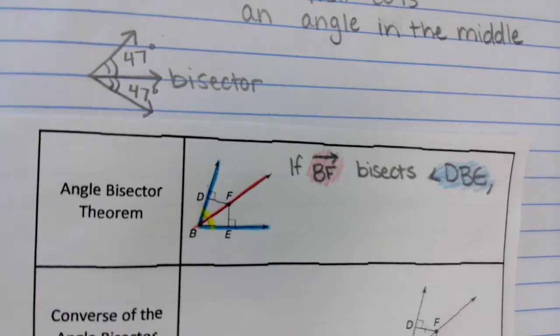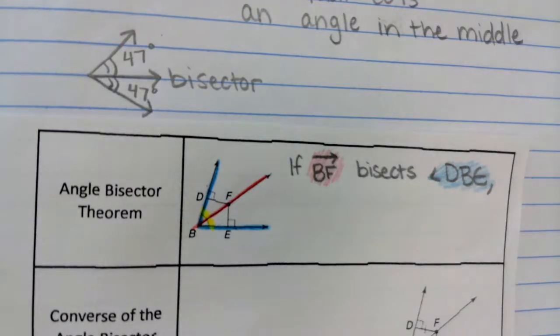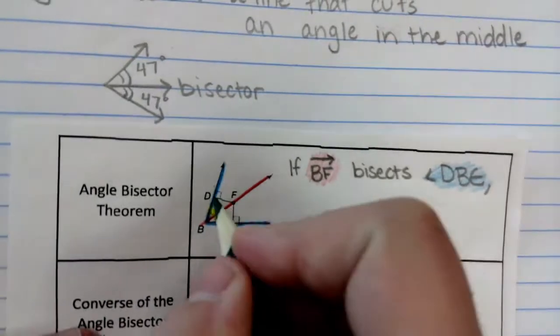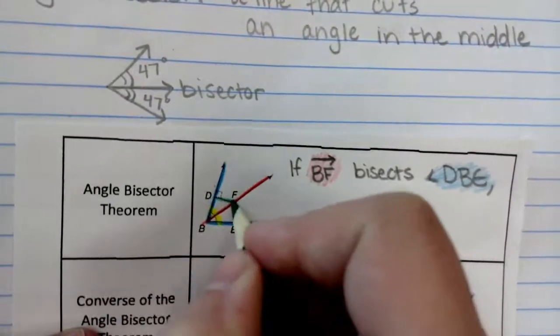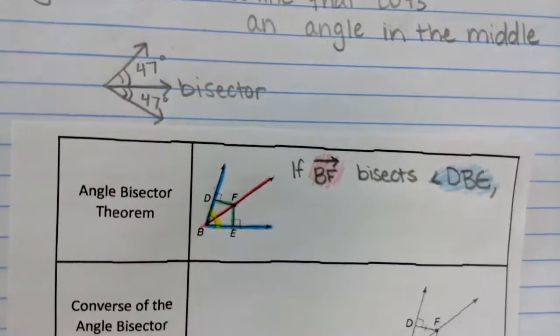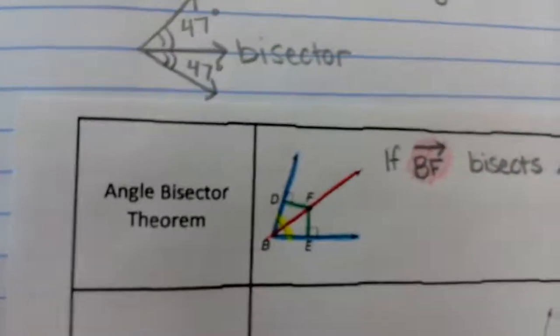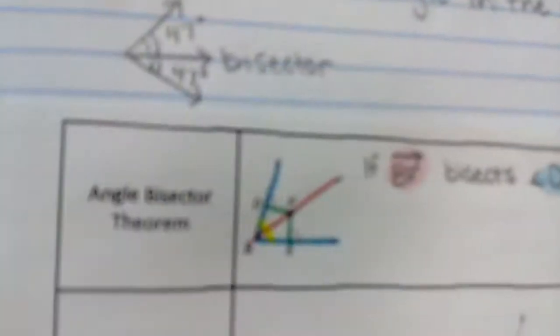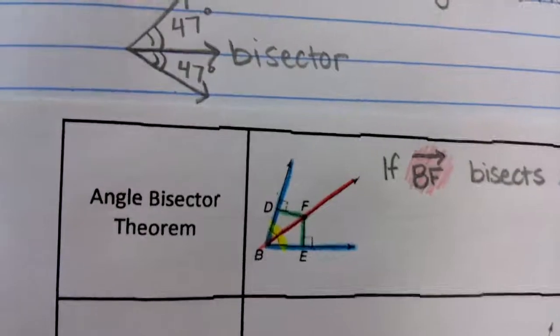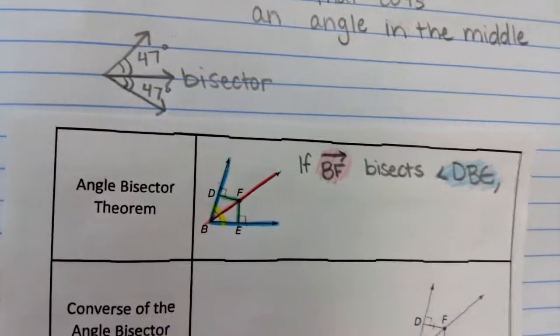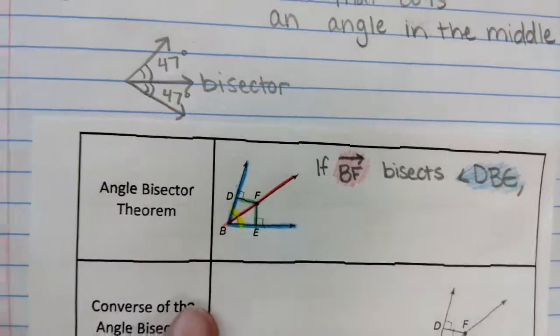What that's going to end up telling us is that the 2 distances, the 2 segments that are created based on that point F, this DF and EF, I did those in green. It's getting hard to tell. All the colors. Okay, we know that those are going to end up being congruent.